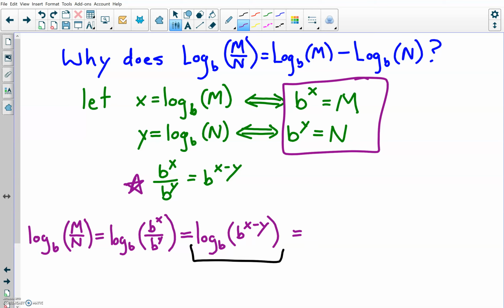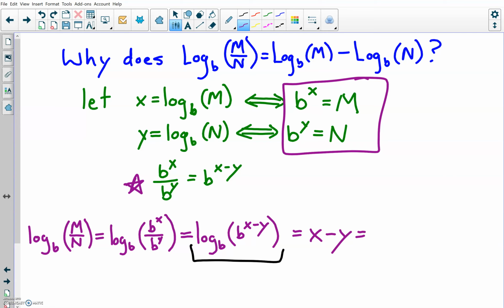So if I look at the base b and ask myself, what power do I need to raise b to get b to the x minus y power? Let me think about that. It should be x minus y. If you want to take b, raise it to some power, and get b to the x minus y power, you better be raising it to the x minus y power. So the answer to that log is just x minus y. That is the power needed. And now we're almost done.